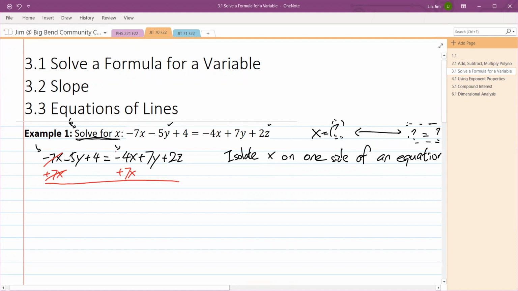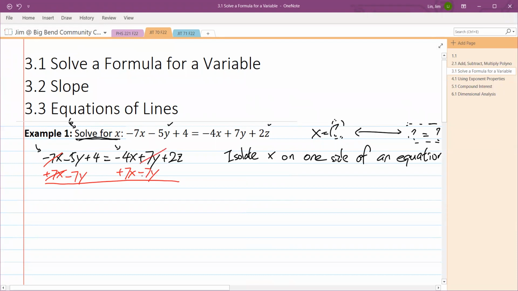But I'll tell you what, there are more we can do on this expression. We can subtract 7y on both sides of the equation. And why do we do that?